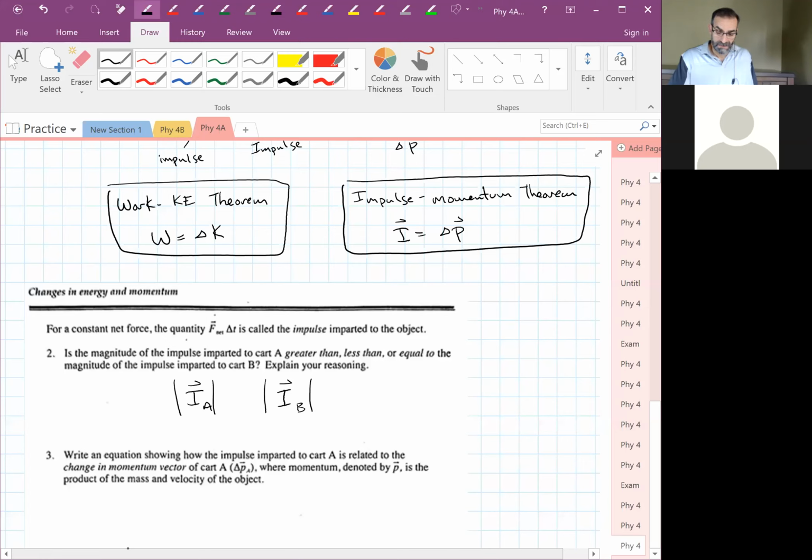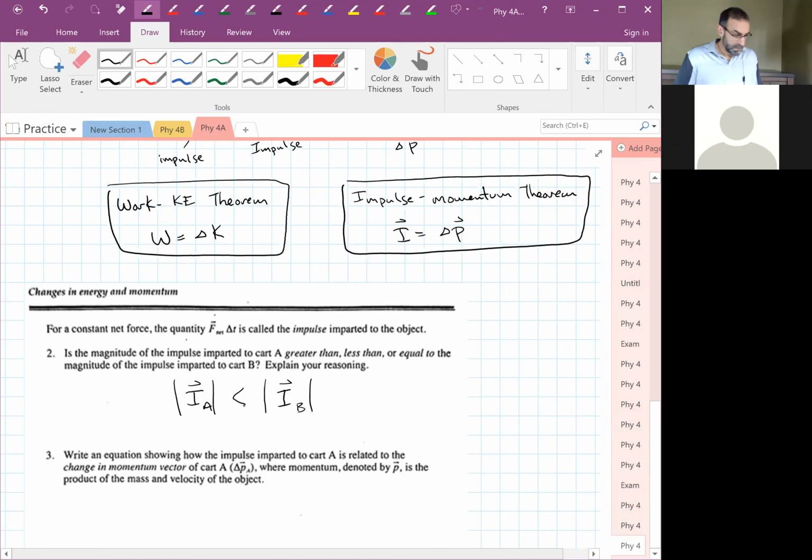Which one of these is bigger? B is the heavier cart. It takes longer to get to the other side. Both of them had the same force acting on them. The one that had the force acting on it for a longer period of time has the greater impulse. B is greater than A.